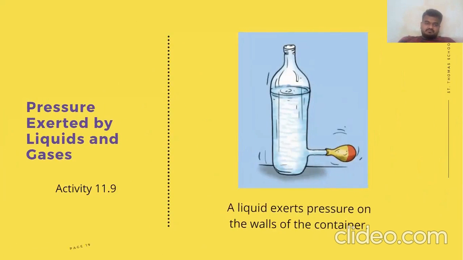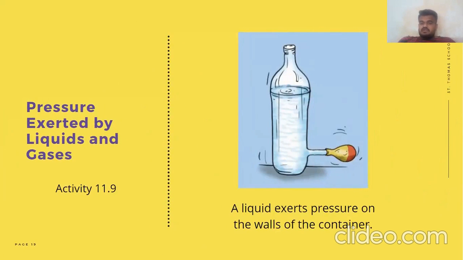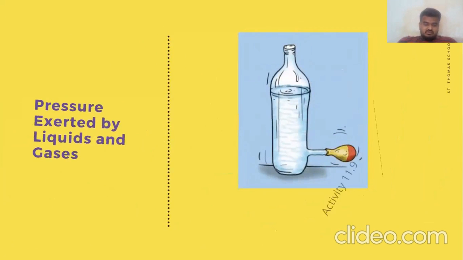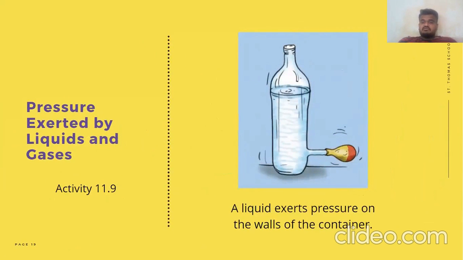Next one is activity 11.9. In activity 11.8, what we have seen is the pressure exerted by the water at the bottom of the container. And in activity 11.9, it is about a liquid exerting pressure on the walls of the container.